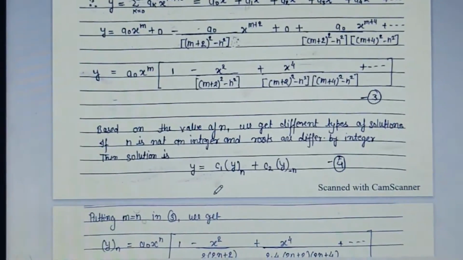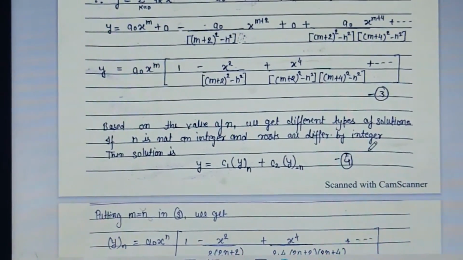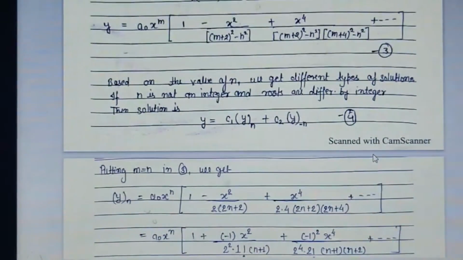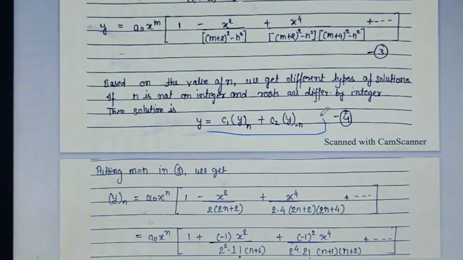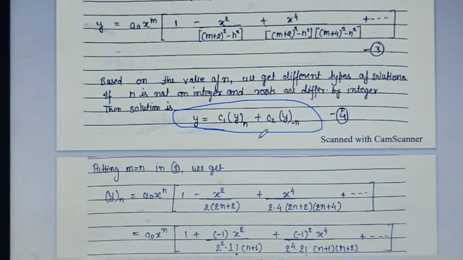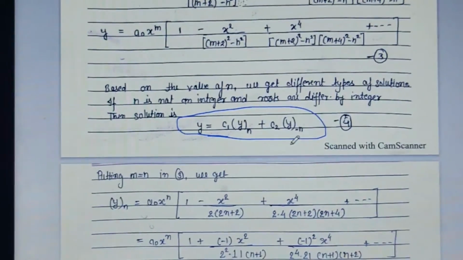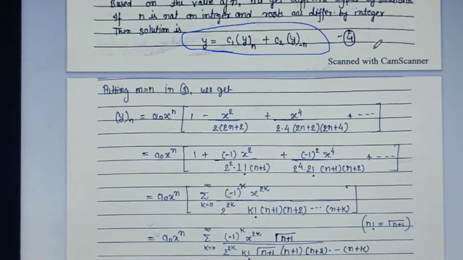And if n is not an integer and the roots differ by a non-integer, then the solution is this. This is very important. y is equal to c1 y_n plus c2 y_-n. This will be your equation number 4.